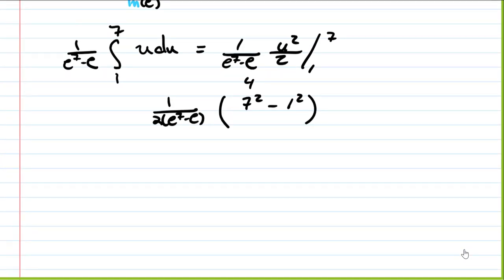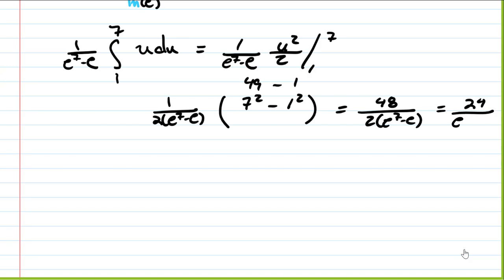So 7 squared is 49, 1 squared is 1. So we get 48 all over 2 e to the 7th minus e. 2 goes into 48 24 times, and we get 24 over e to the 7th minus e. And that would be our average value of our function on that appropriate interval.